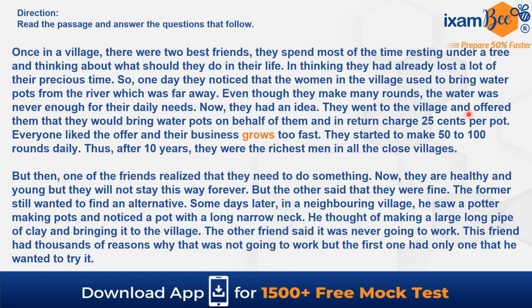What? They went to the village and offered that they would bring water pots on behalf of them, and in return charge 25 cents per pot. So for each pot they would be carrying, they'd get 25 cents. That's what they demanded. Everyone liked the offer and their business grew very fast. So they started to make 50 to 100 rounds daily. After 10 years, they were the richest men in all the close villages.